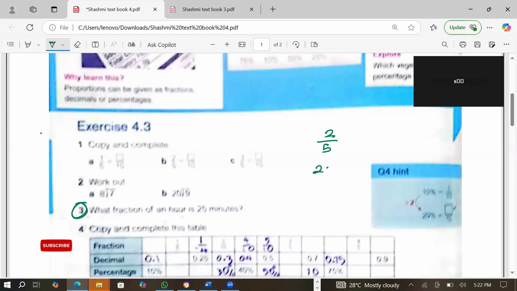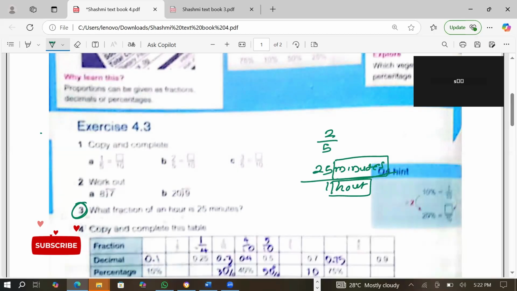25 minutes, right? Out of 1 hour. But in the numerator, minutes. Denominator, hour. This is not applicable. We have to convert both numerator and denominator into one unit. Either we have to convert 25 to hours or hours to minutes.